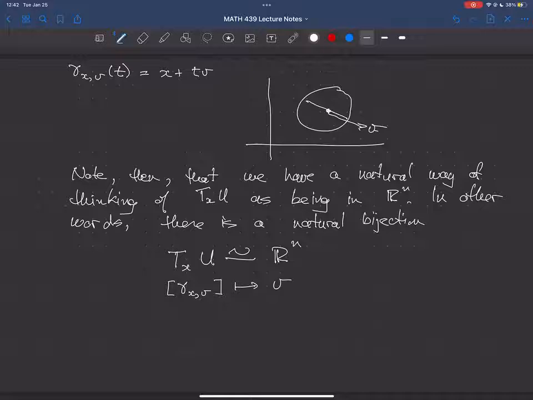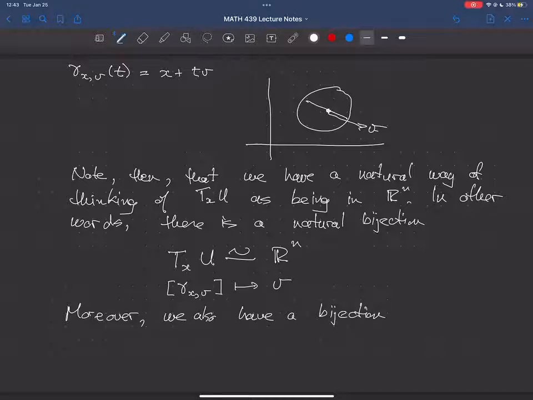And so in this case, we understand the tangent spaces pretty well, and moreover, we also have, and I'm writing bijection now, we're going to see that this is more than just a bijection.